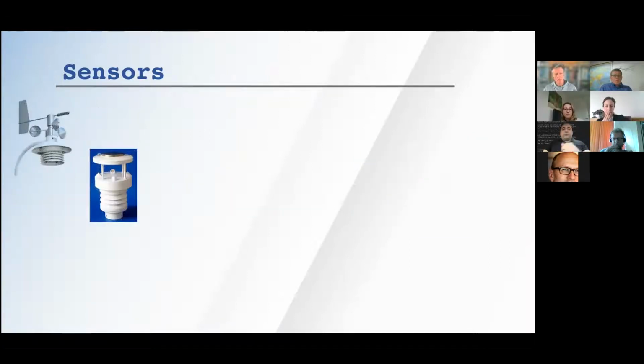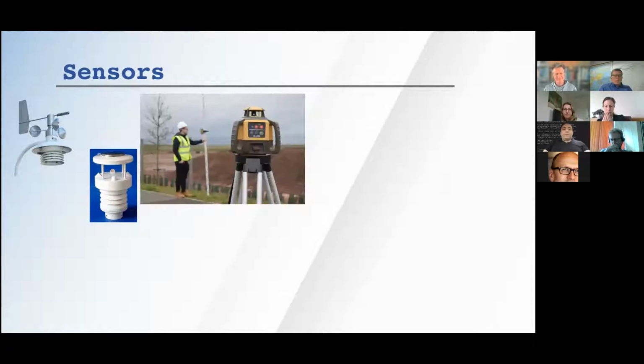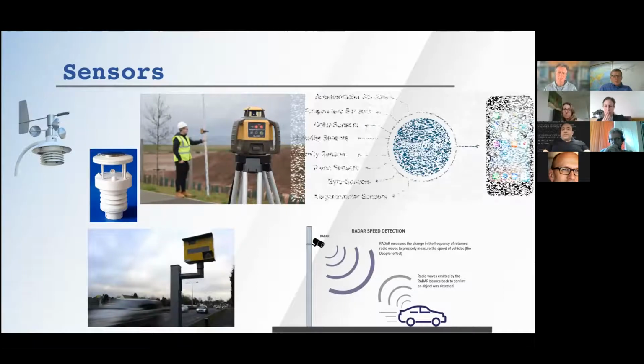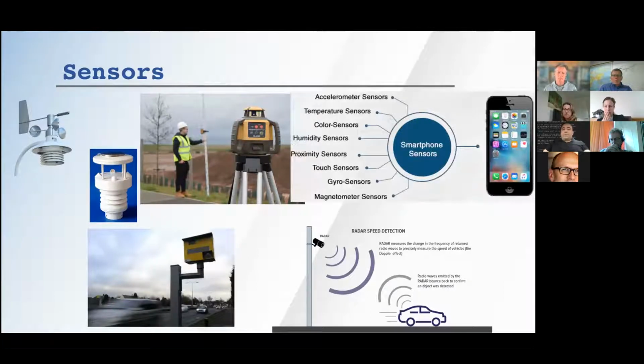Traditionally, we saw sensors in weather stations to collect weather data. We have them in the total station, the surveying instruments. We have them even in speed cameras, using radar technology, for example LiDAR technology, to measure the speed. So in different ways, they affect our life.